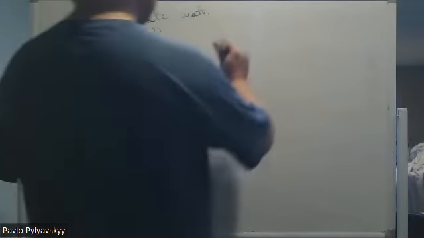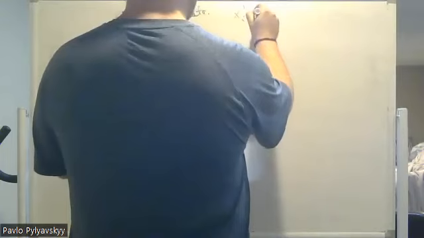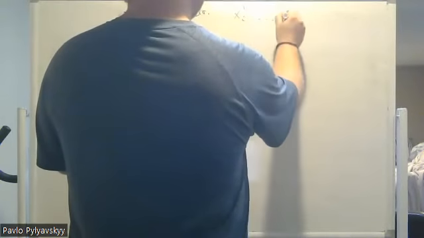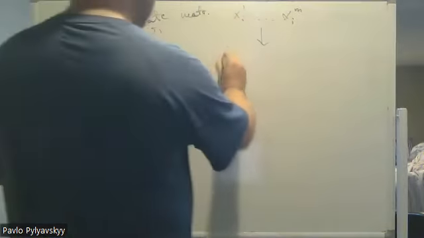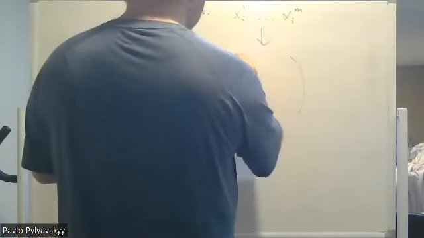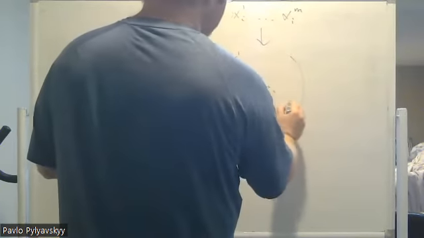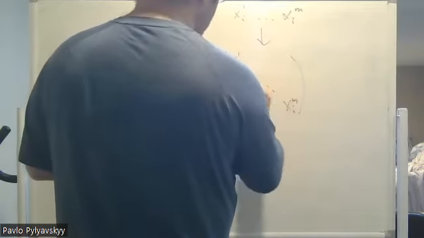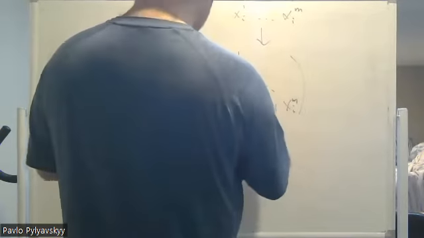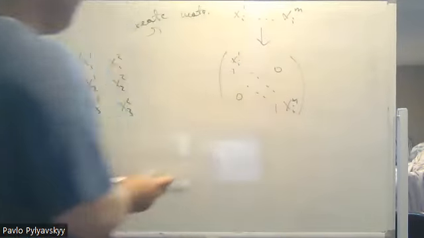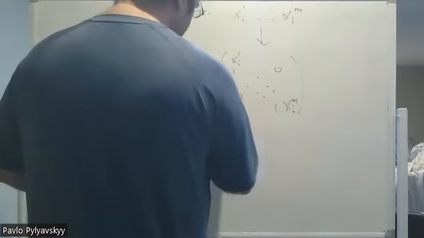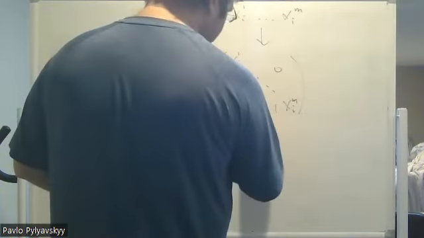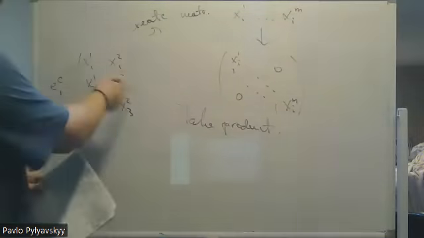For each row, which looks something like xi1 to xim, create out of it a matrix which looks like this. We put those on the diagonal, we put ones below them, and we put 0 everywhere else. And then take the product of such matrices over all rows of the original array.